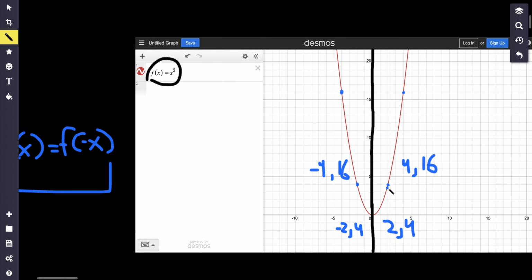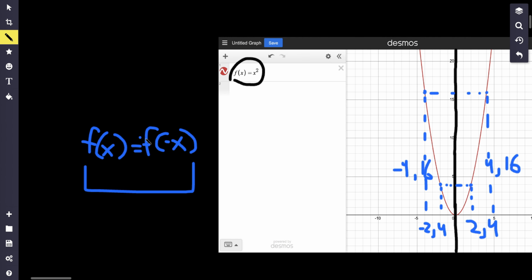If you plug in an x value for an even function, it should output the same y value as if I plugged in the negative of that x value. If I plug in positive 4, I get out 16. If I plug in negative 4, I still get 16. So that's what this means: f of x is equal to f of negative x.